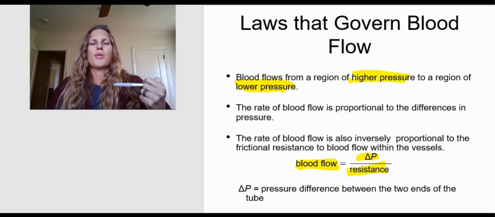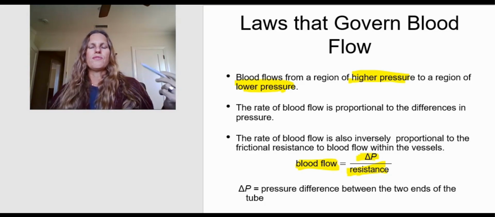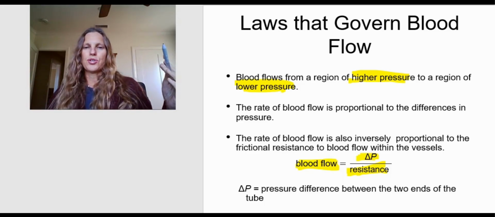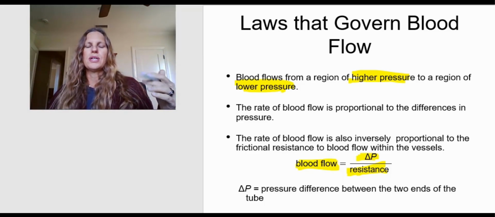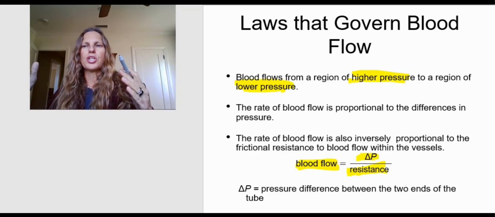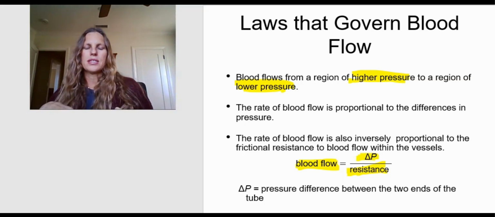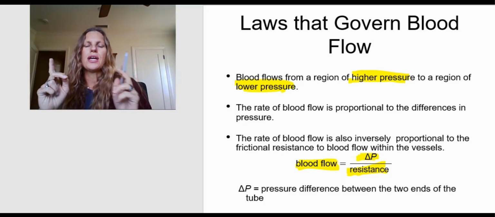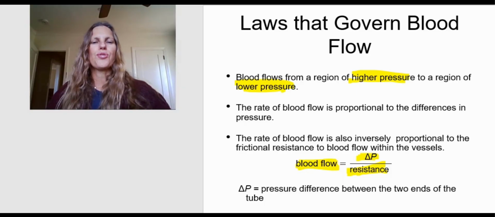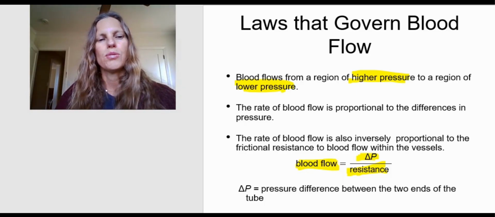So we could say the pressure difference between the two ends of the tubes, right, through the circulatory system. So blood flow equals the change in pressure divided by the resistance. So pressure and flow are directly related. So let me write that here.